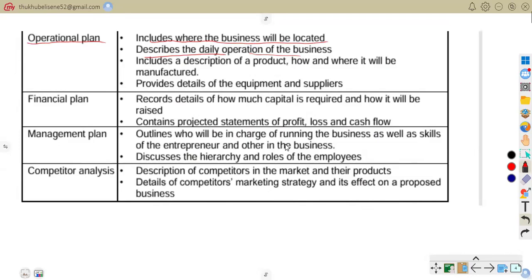So it explains how the business will operate every day. For example, baking starts at 5 a.m., shop opens at 8 a.m. That is that. It includes a description of the product, how and where it will be manufactured. It lists the machinery and the businesses that supply materials. So that is that.